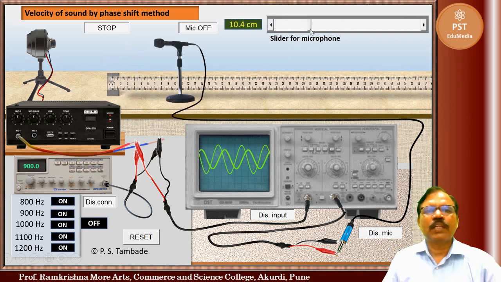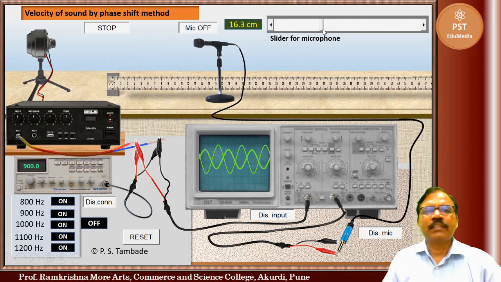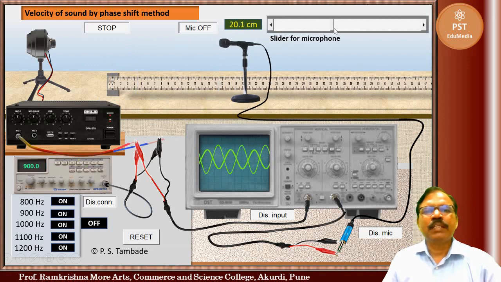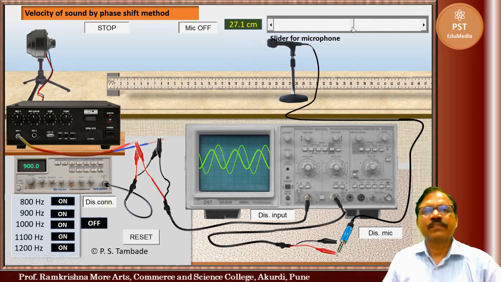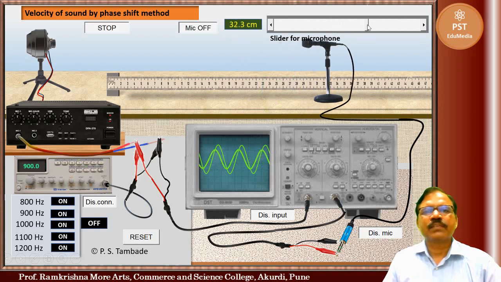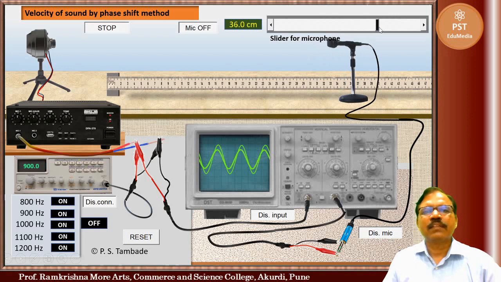The waveform will shift. Now you have to adjust that waveform, which means we have to shift the peak by 2 pi, meaning one complete cycle. So make a fine adjustment.